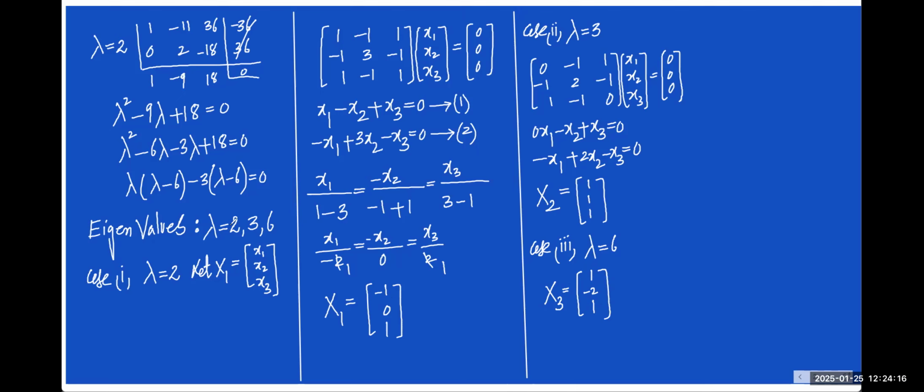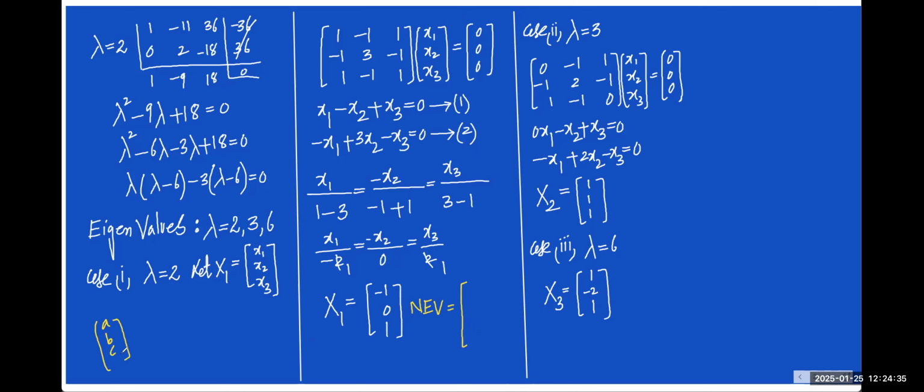So for that I am using the short form: normalized eigenvector. I'll tell you the rule. Suppose A, B, C is your vector.